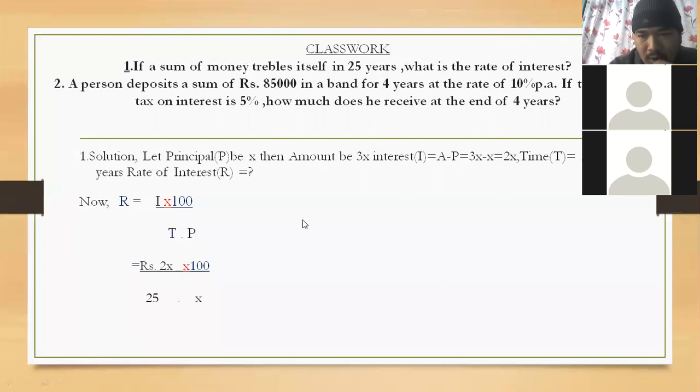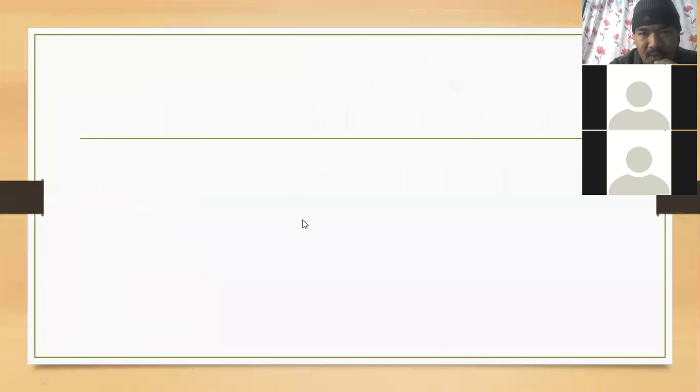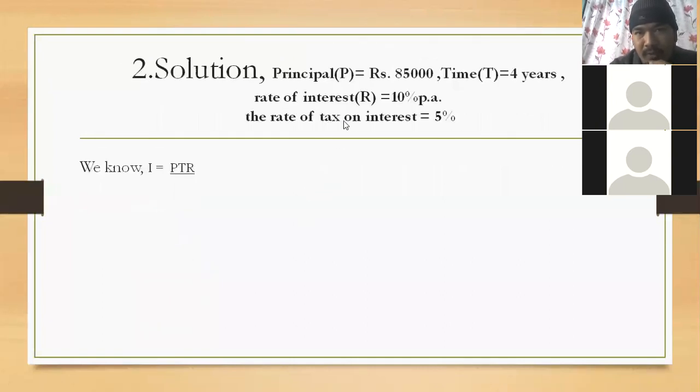Look, I am going to show the solution of this second one, classwork. First of all, we will find out interest. You know how to find interest. Interest equals P into T into R upon 100.